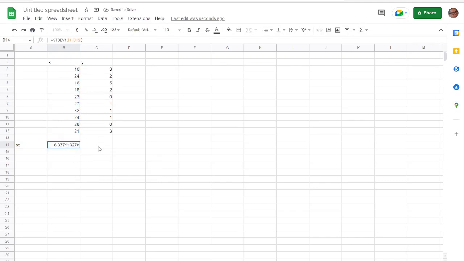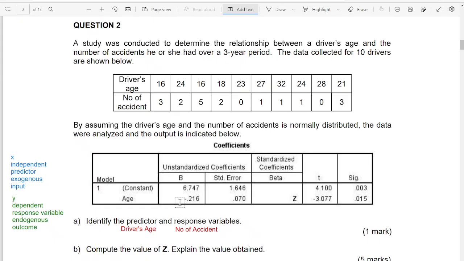So you get this value, and then I want the standard deviation for this one too. So this is the standard deviation for these two values. Then we look back at our data. In our data, the coefficient for age is negative 0.216, right? So you have B equal to negative 0.216.